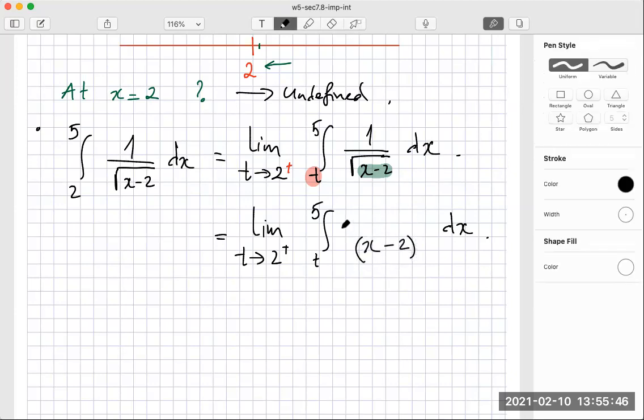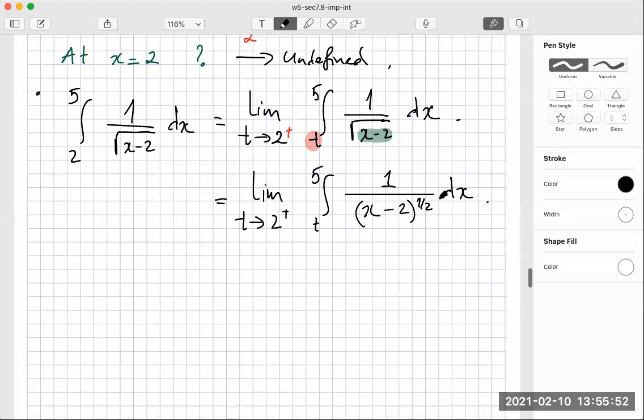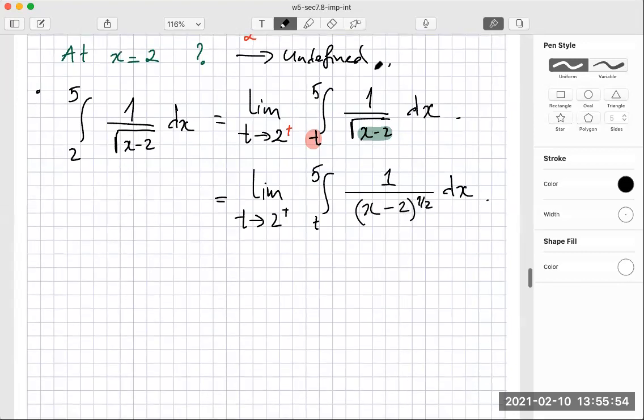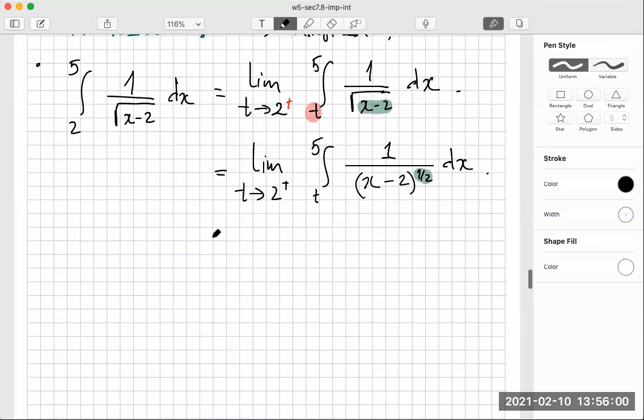If you don't remember power rules, here, the radical sign, we can write it as this guy to the 1/2. Then the whole denominator, we can bring up to the numerator, and it becomes 1 times this guy, but the power should be the negative power, which is x minus 2 to the negative 1/2.